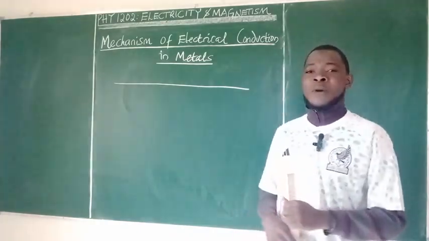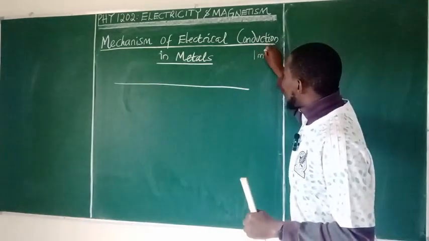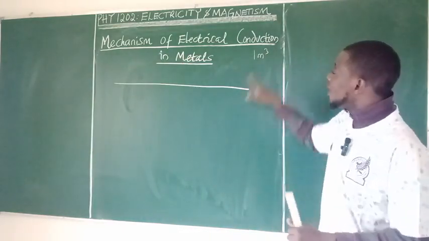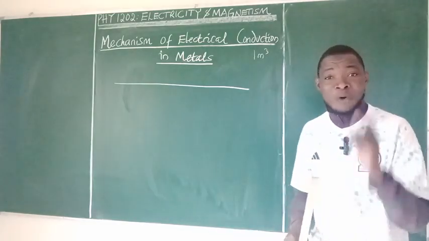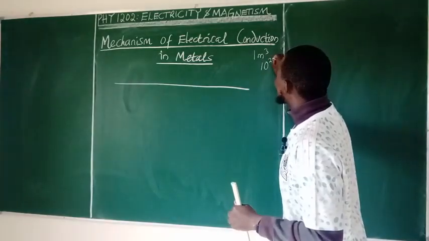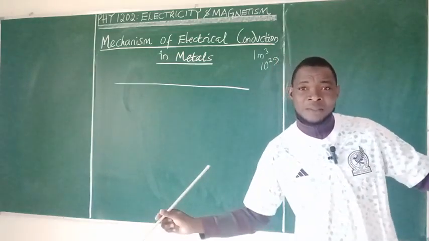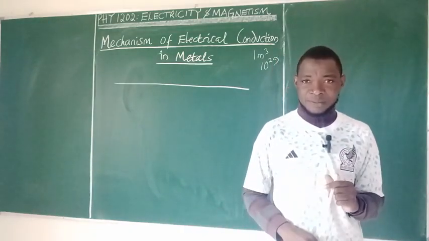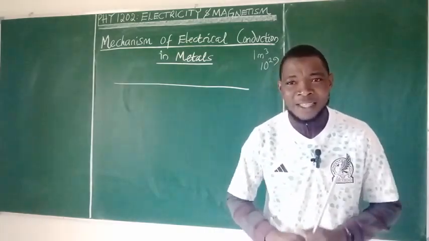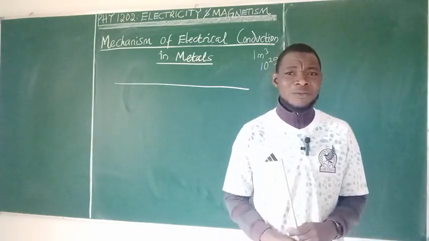If you take copper wire, for example, studies reveal that every 1 meter cube of copper wire that you take, you will have 10 raised to the power of 29 free electrons moving about freely in that material. But this is not enough to generate electric current. First of all, why are they even moving freely?